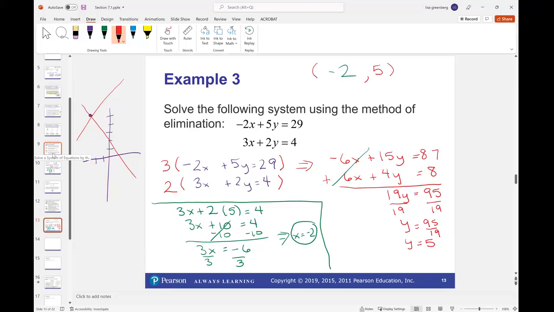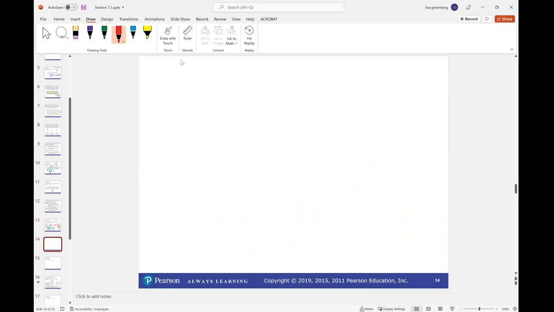So let's do the exact same thing. Let me copy this. Let's do the exact same thing, but now I'm going to eliminate y first, okay? So again, I start with -2x plus 5y is equal to 29. 3x plus 2y is equal to 4.